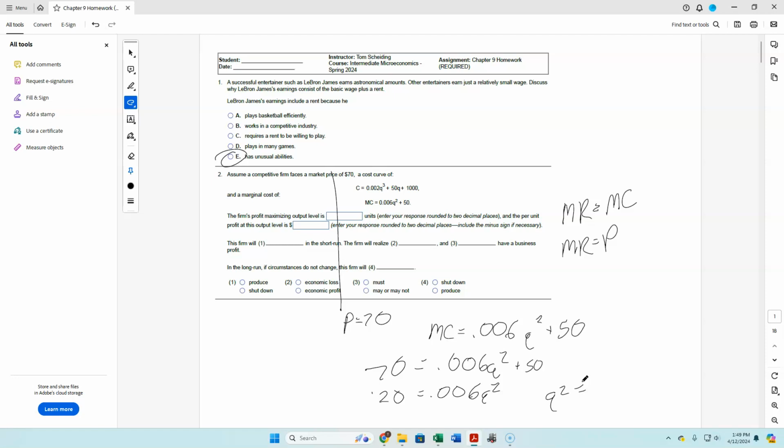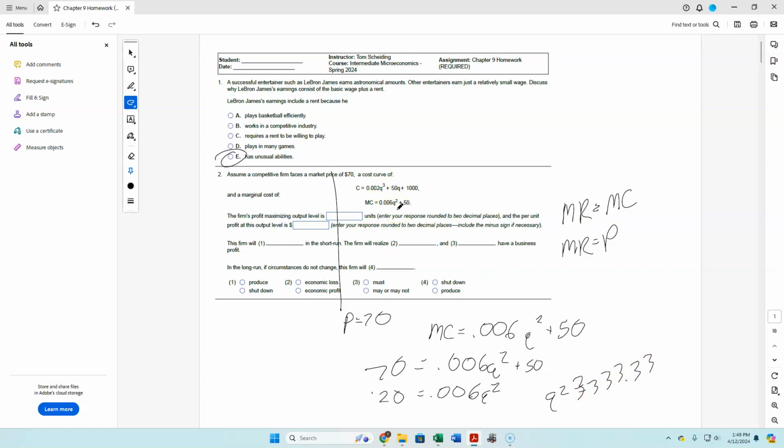20 divided by 0.006 gets me a q squared of 3333.33. Again, your numbers are going to be a little bit different if you don't have these exact functions.